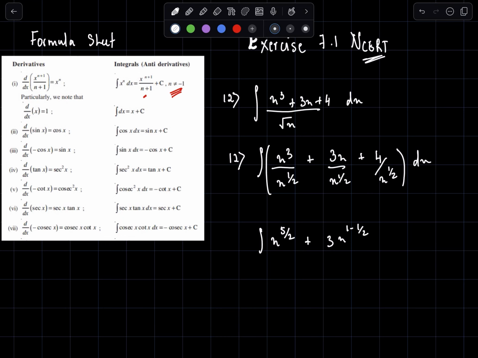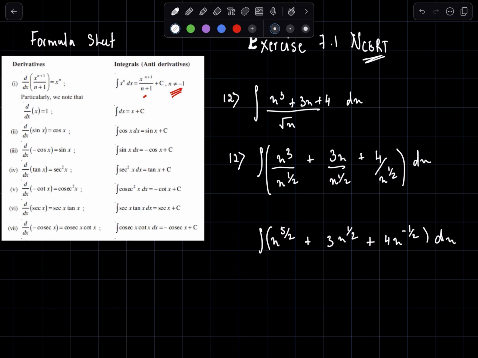So 1 minus half is negative half, right? No, it's still half, sorry. Plus 4. Now, remember, you're taking x to the power half up, so this becomes negative half, dx. Correct?